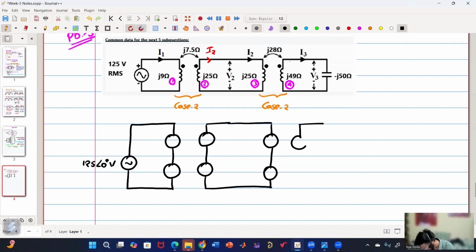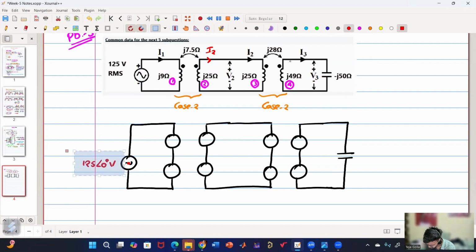Here also we'll have 1, 2, and here also 1, 2. And then we have capacitance, minus j50 ohm, and this is I3, this is I2, this is I1.